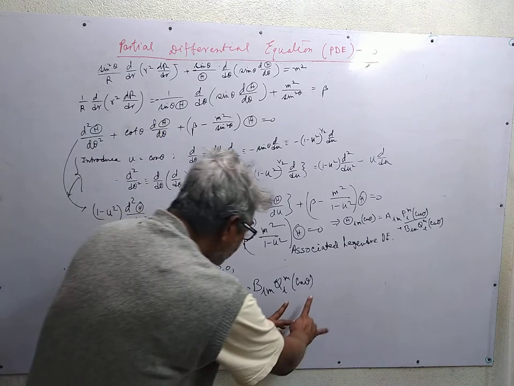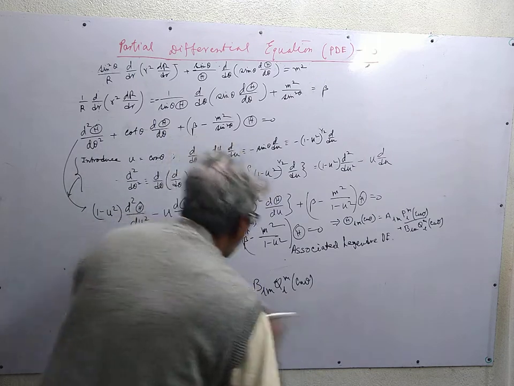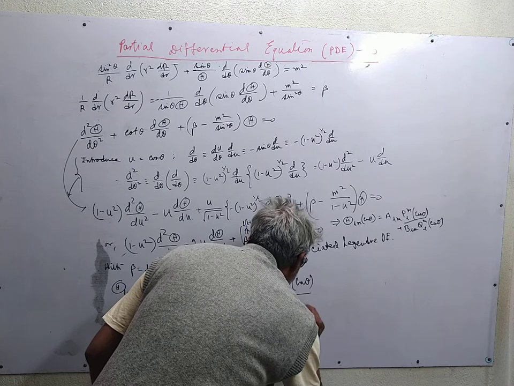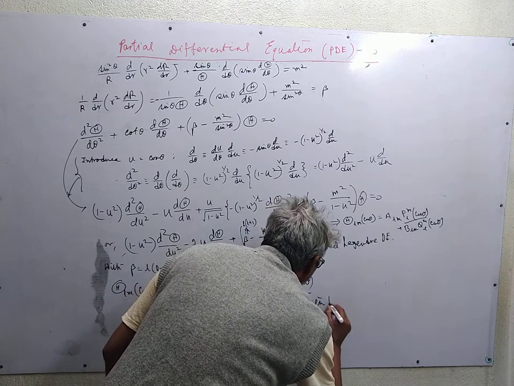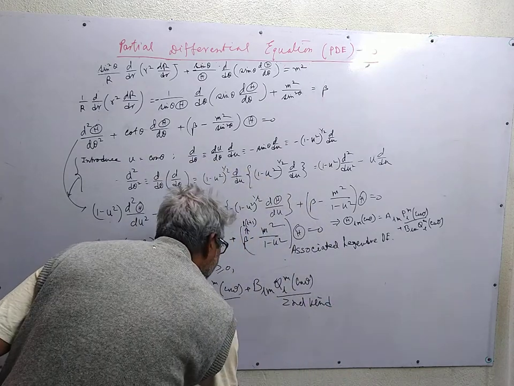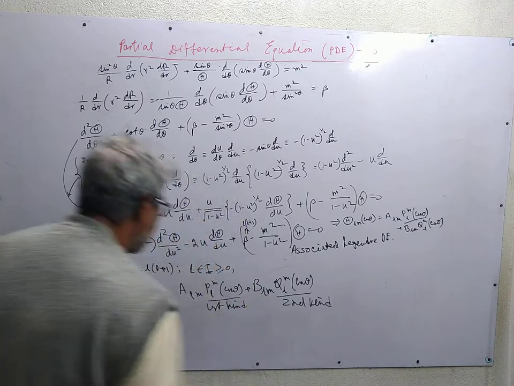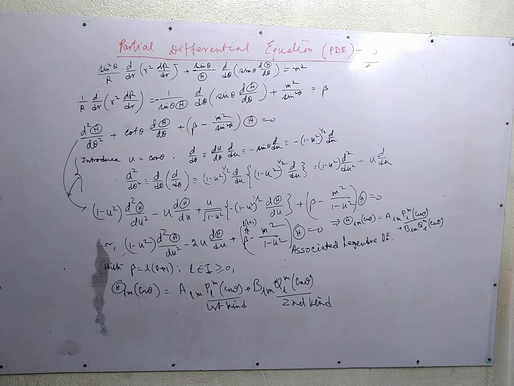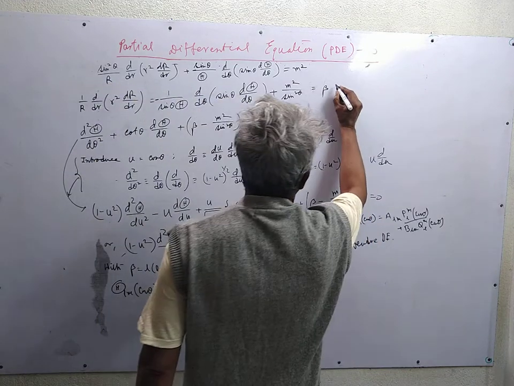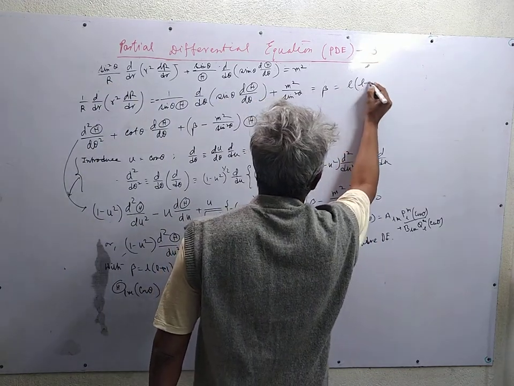It is the associated Legendre function of second kind with divergence at the origin, and this is the Legendre function of first kind or Legendre polynomial. So we have ascertained the value of L also. So this is L into L plus 1.